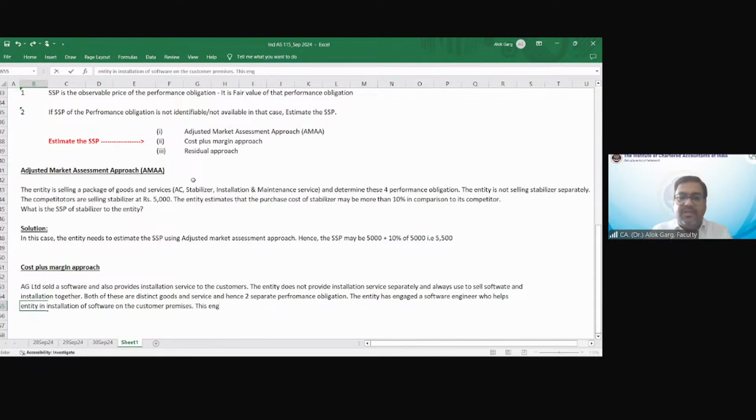This engineer charges rupees 5,000 on every installation performed.